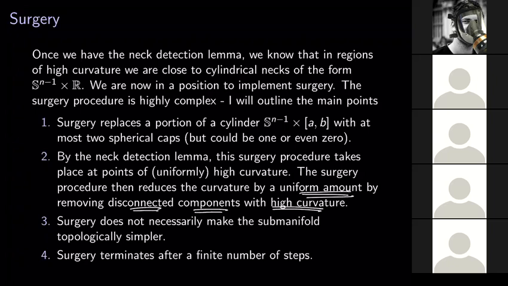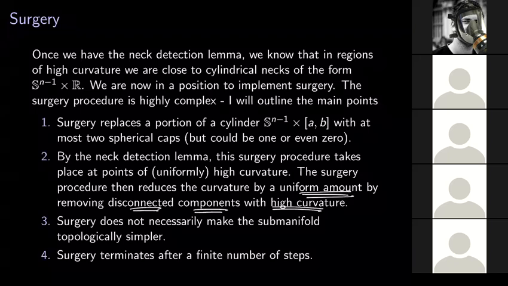So if you bound H, you bound A. If you bound A, then you can bound all the curvature. And this means the Riemannian curvature of the submanifold, but it also means the normal curvature of the normal bundle. I see. So that means it controls everything. Right. Okay. Thanks.